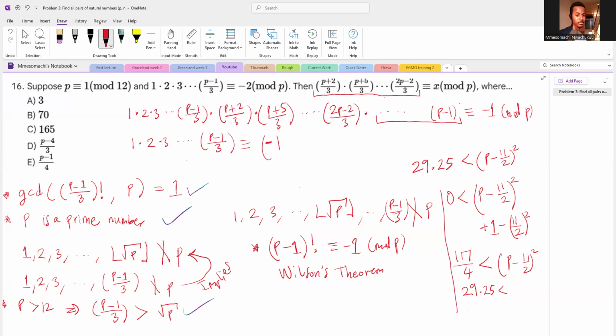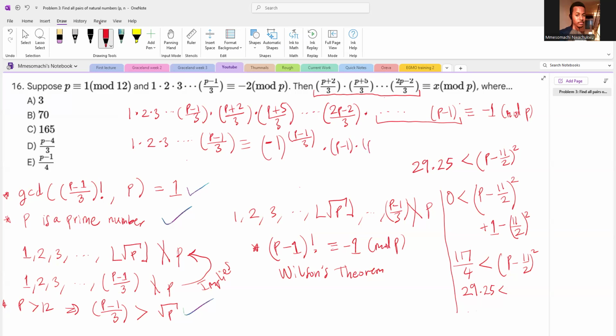So we multiply each of these terms in this product by minus 1. So minus 1 to the power of P minus 1 divided by 3, then times P minus 1. So we're writing the product from the back up to a certain point.